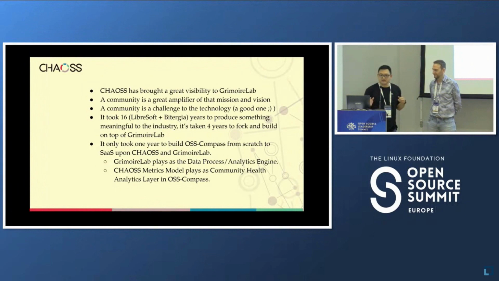So we never think of it as competitors with each other. We think CHAOSS and Grimoire Lab give us a platform, and OSS Compass is a niche based on this platform. We're very happy to share the values produced by CHAOSS and Grimoire Lab, and we produce more value together moving forward. Yeah, that's all I can say.